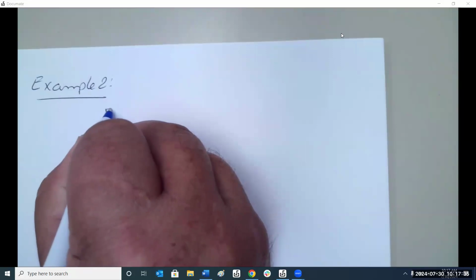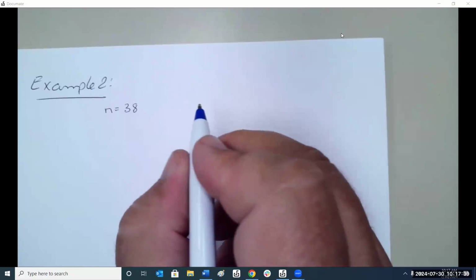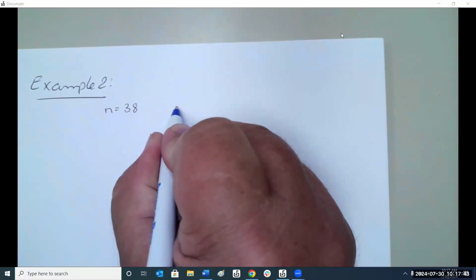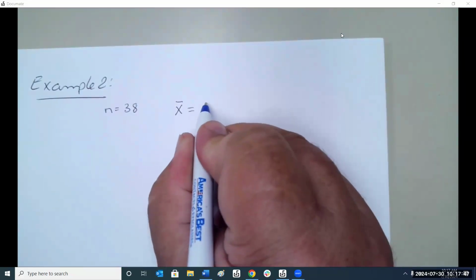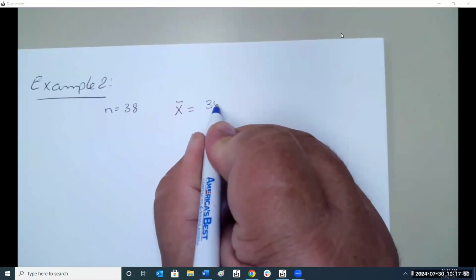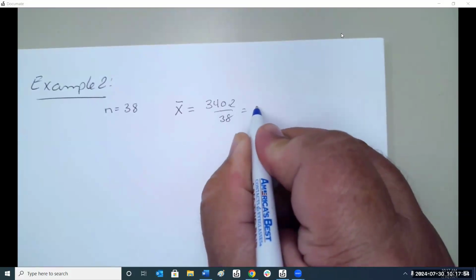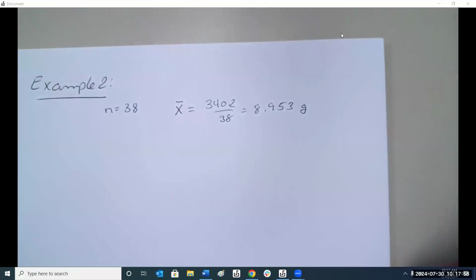N is 38. The mean weight of our sample is 340.2 over 38, which is 8.953 grams per cup.